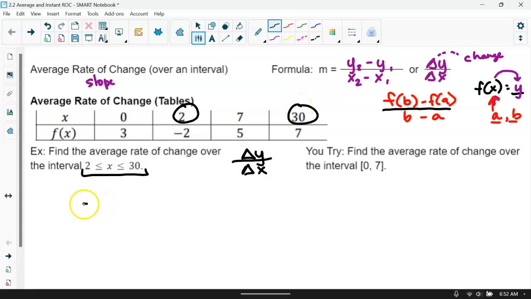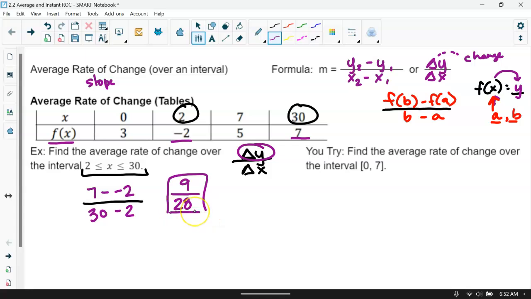First we figure out the change in the y values, which are our f of x, in this case 7 and negative 2. So 7 minus negative 2 over the change in x, which is 30 minus 2. That's how we get the average rate of change over the interval: 9 over 28.